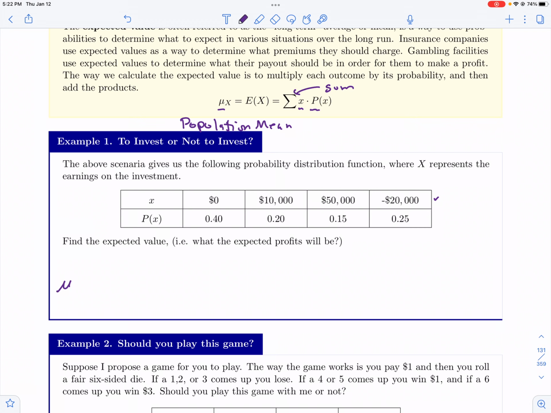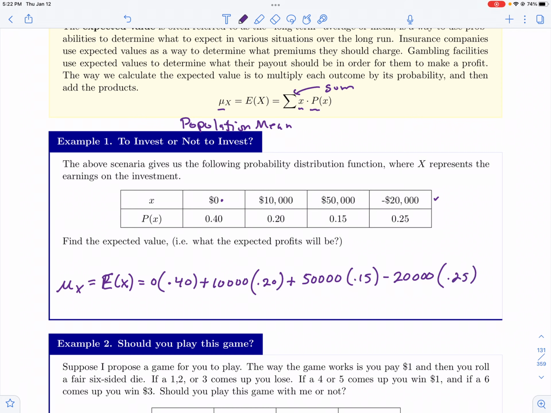If we lay this out, we're going to get our mu of x, or E of x, is going to take 0 multiplied by 0.4, take the 10,000 multiplied by 0.2, take the 50,000 multiplied by 0.15, and then finally minus 20,000 times our 0.25.